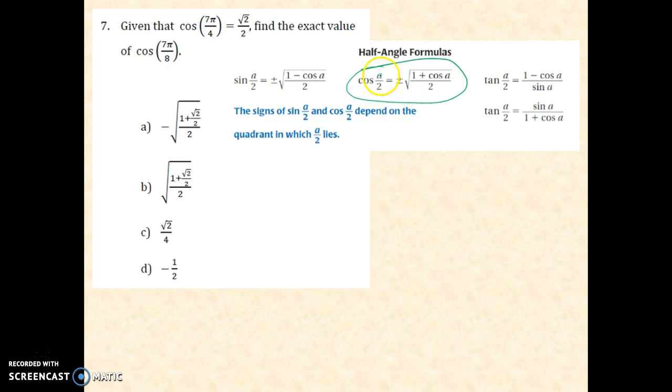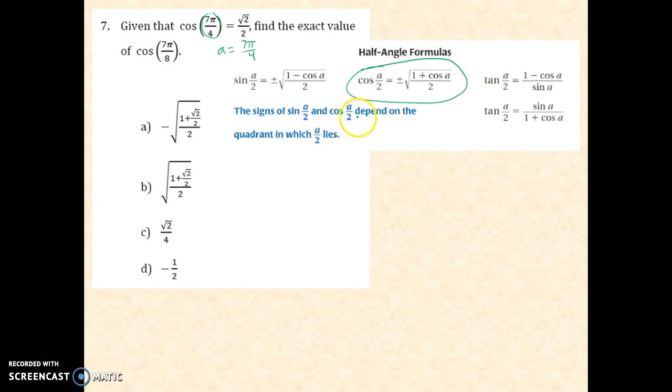Cosine of some angle divided by 2. So what's our angle going to be? This is going to be our A, right? So A is going to be 7 pi over 4 that we plug in right here. So 7 pi over 4 divided by 2 is 7 pi over 8.